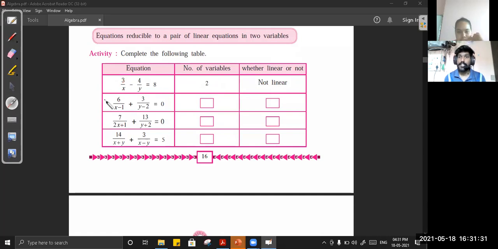Whenever the variable is in the denominator, it is not linear. Do you remember this? We had done one type of sum where we did cross multiplication.